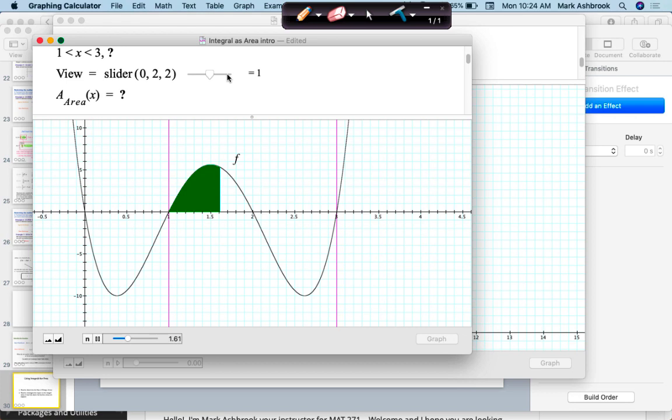I want a function that tells me, starting from x equals 1, the accumulation of area starting from 1. What area am I talking about? I'm talking about the area between the function and the x-axis. So that's the area, this green shaded region. So you see that it's a function because as x increases, my area changes, right? My area changes, so it's an area function.